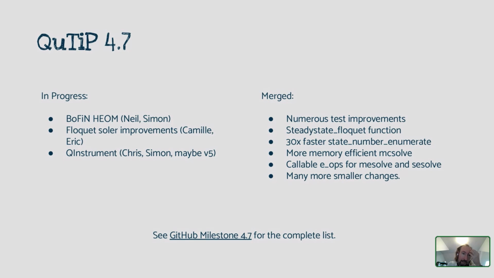The big things that are still in progress, which we plan to get in for 4.7, are the importing of the BoFiN hierarchical equations of motion solver, which Neil and I are working on together. That's looking quite good, and we're in the rounding off, documenting and adding tests phase.